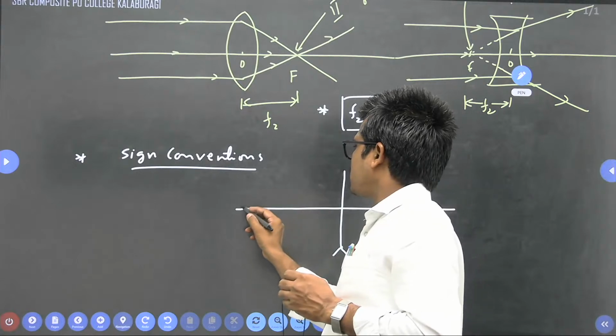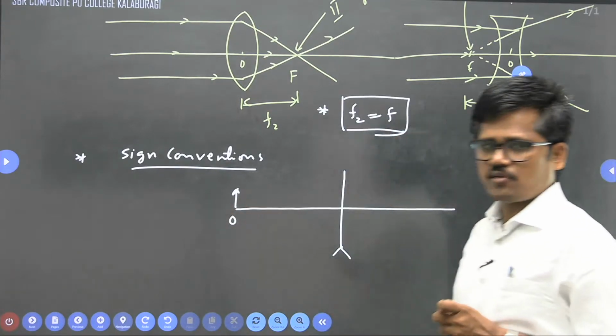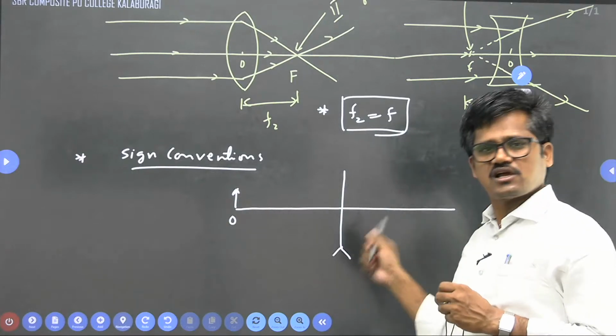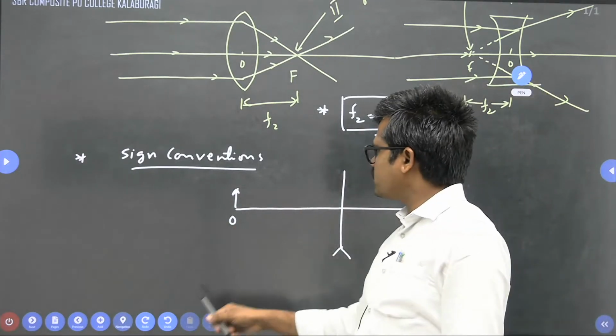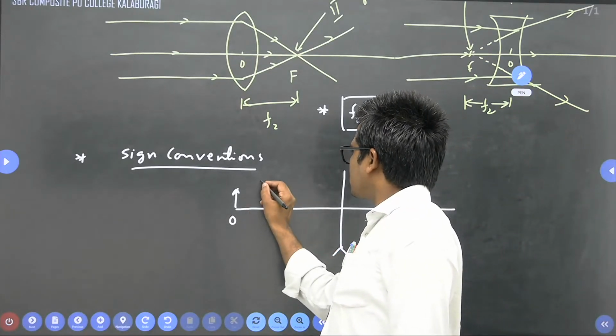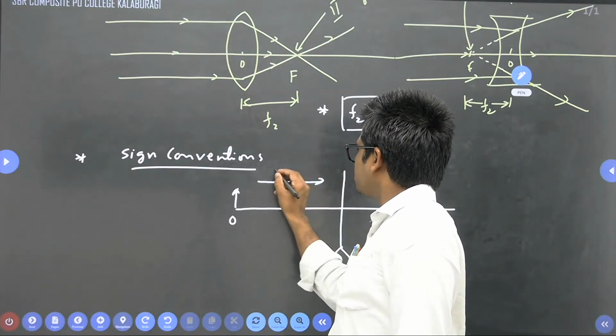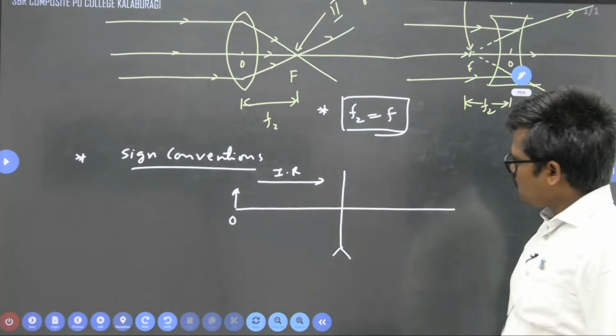Always the object is kept on the left side of the optical device, whether it is a convex lens, a concave lens or any kind of lens. So the incident ray will move from left to right.